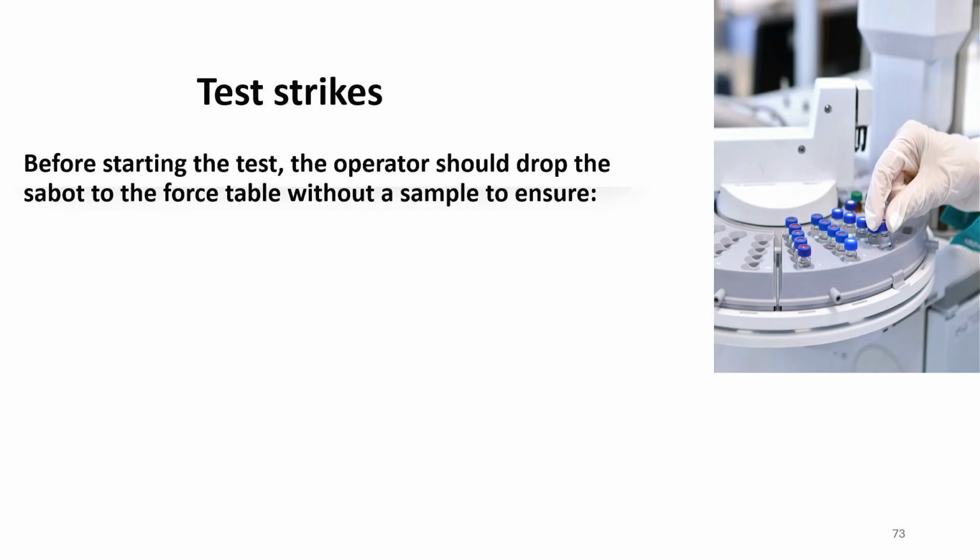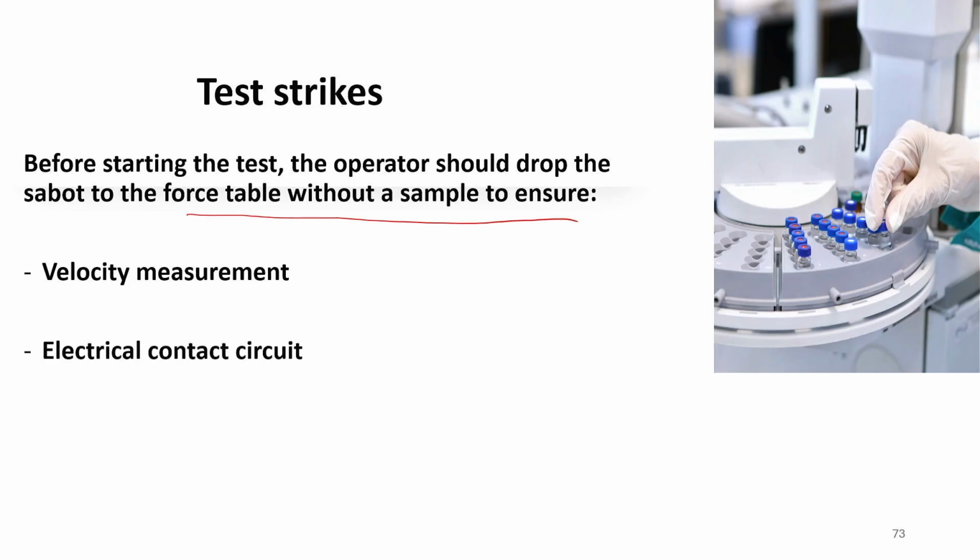Before starting the test, the operator should drop the sabot onto the force table without the sample to ensure that the velocity measurement is correct, the electrical contact circuit is working properly or not, and the data processing system is working properly or not.